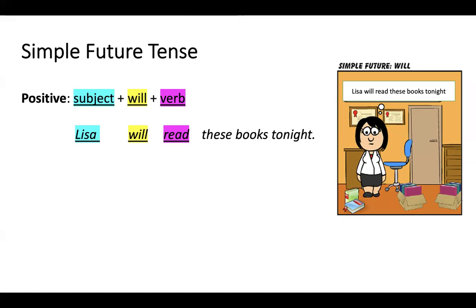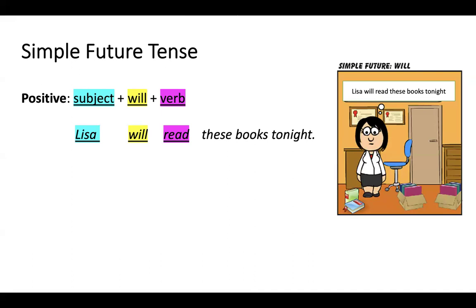So in the positive simple future form, we use the word will followed by the base form of the verb to show that the action will happen in the future. In this case, if we take the sentence, Lisa will read these books tonight. Lisa is the subject, and will shows that the action, read, will happen in the future.